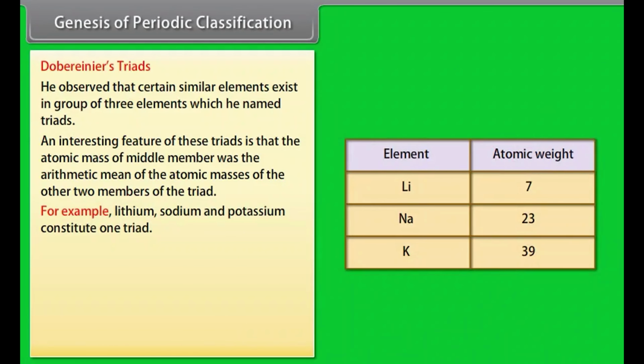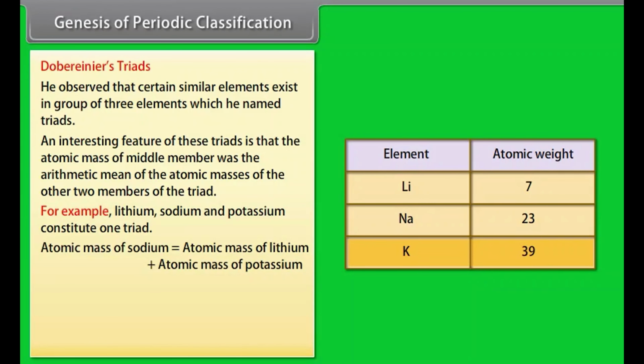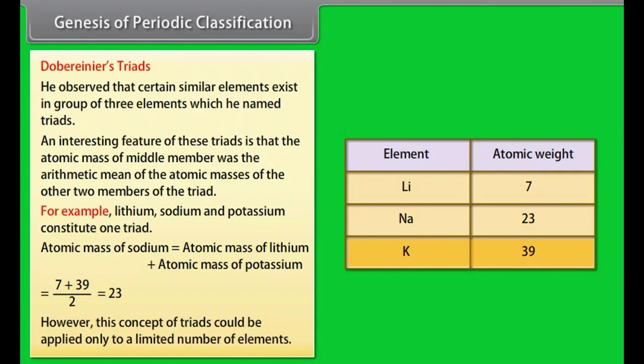For example, lithium, sodium and potassium constitute one triad. Atomic mass of sodium is equal to the atomic mass of lithium plus the atomic mass of potassium by 2, which is equal to (7 + 39)/2 = 23. However, this concept of triads could be applied only to a limited number of elements.